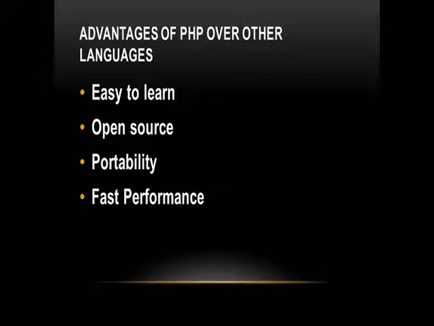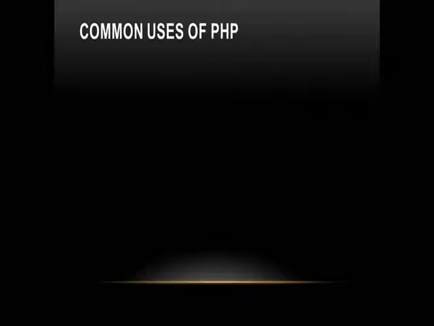Fast performance: code written in PHP usually executes faster than code written in other languages like ASP and .NET. Vast community: since PHP is supported by a worldwide community, finding help and documentation for PHP online is extremely easy. So, that should explain it. Now, common uses of PHP.